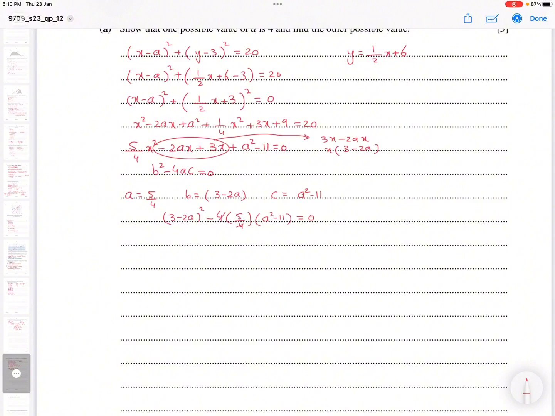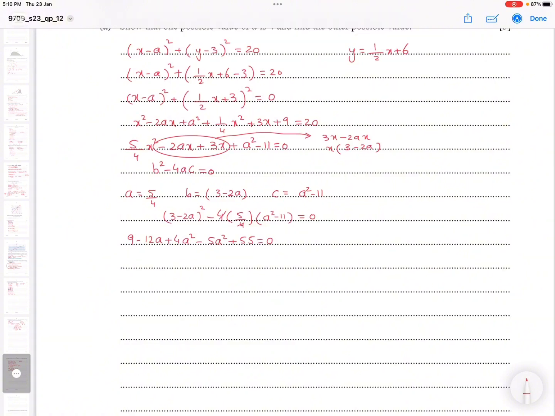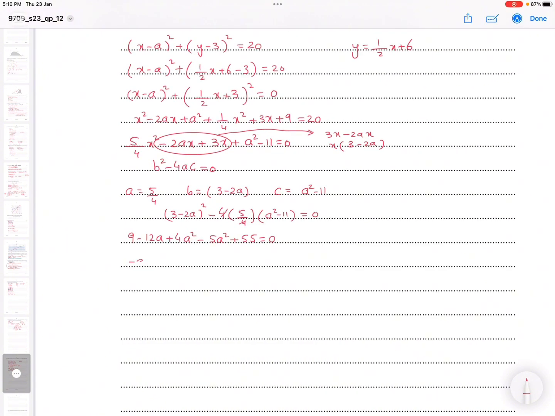Now open (3 minus 2a) whole square, so it becomes 9 minus 12a plus 4a square minus 5a square, plus, minus into minus plus 55. 5 multiplied by 11 is 55, equals 0. Further simplify this, so you will get minus a square minus 12a plus 64 equals 0.